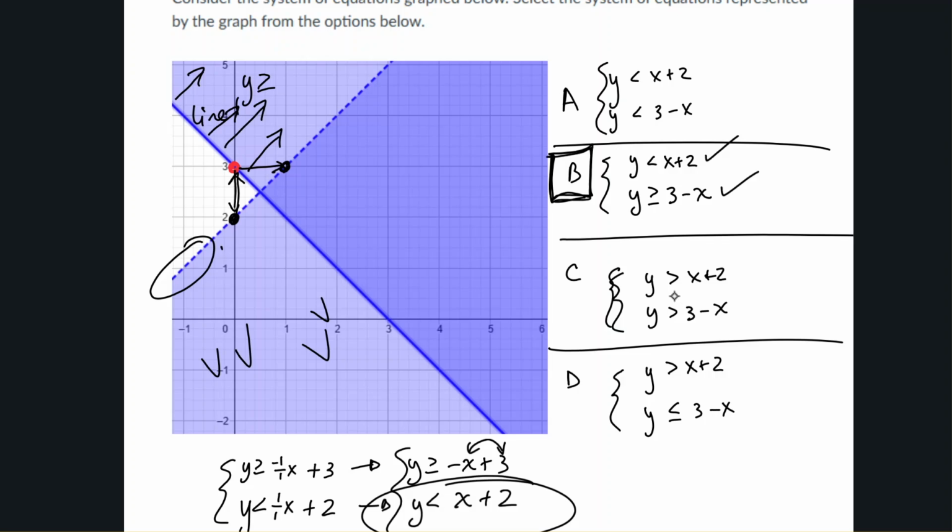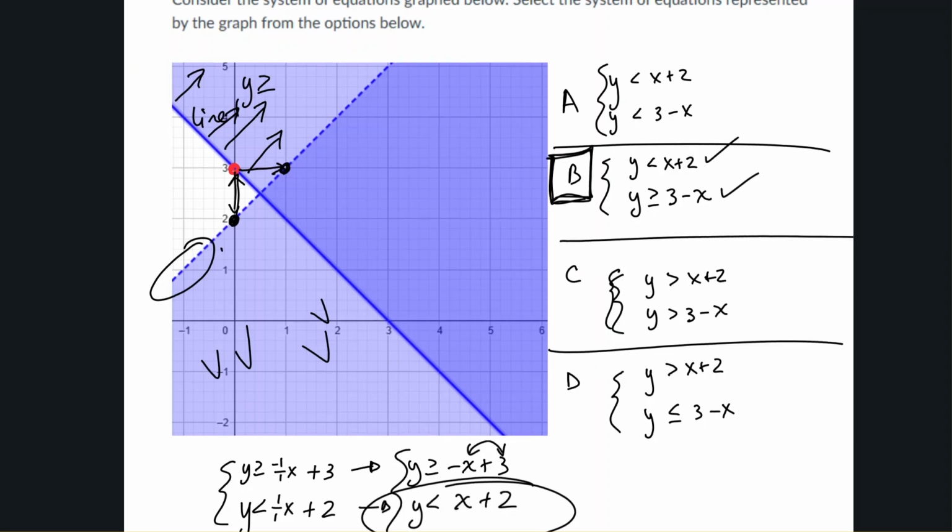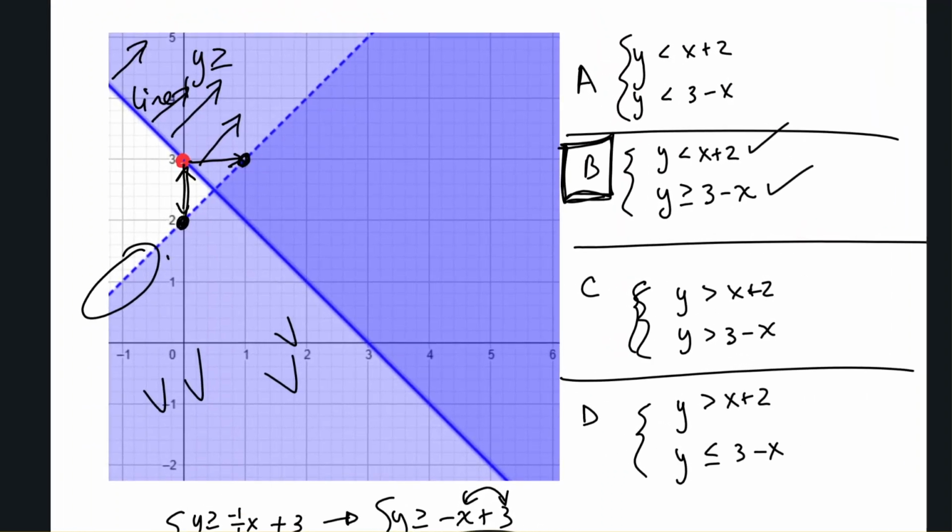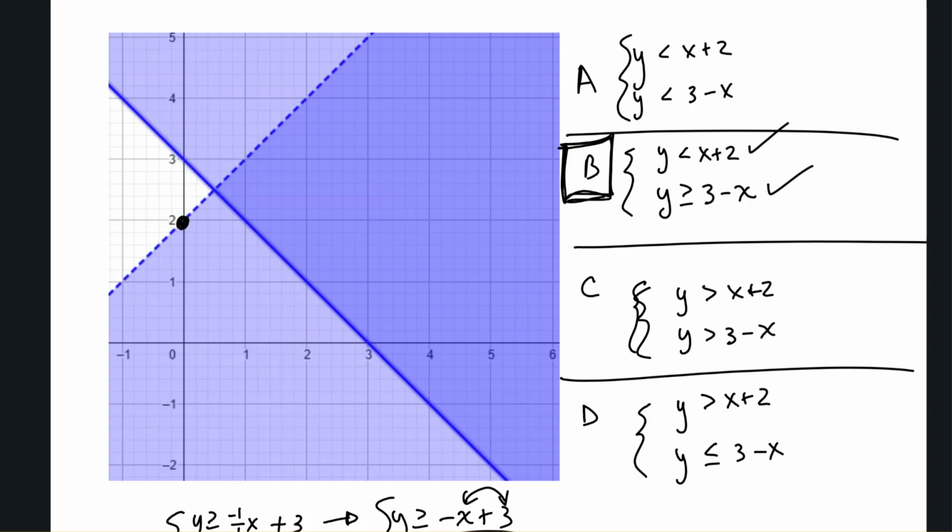Let's just talk about the wrong answer choices, though, and how you might eliminate some options. What I did is I actually just solved the problem from the start and then said which of the answer choices match. But here's some key takeaways that you could use to eliminate some answer choices, because it's always helpful to reduce the number of options you're looking at. Do y'all see that one line is dotted and one line is solid?